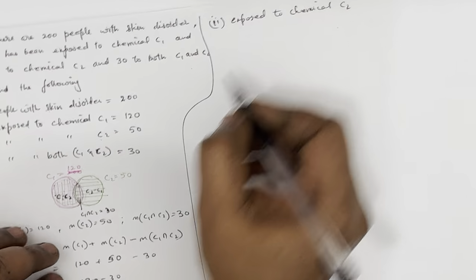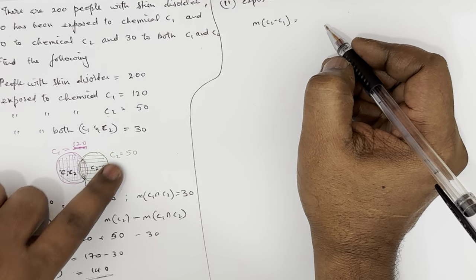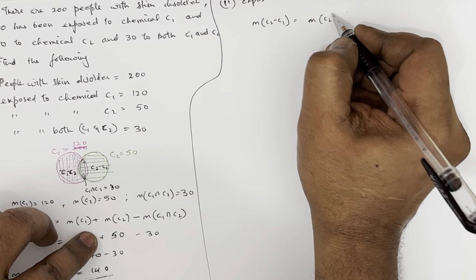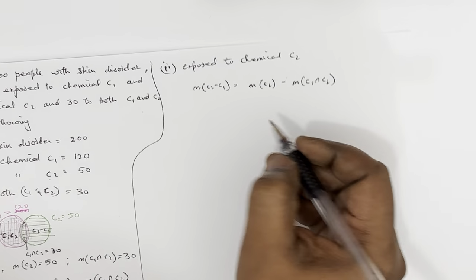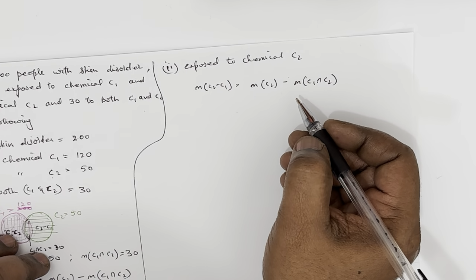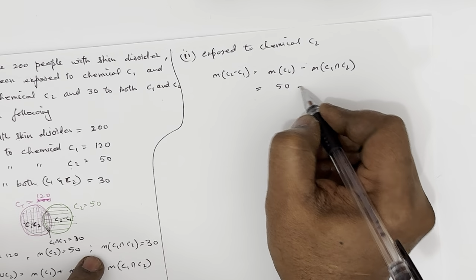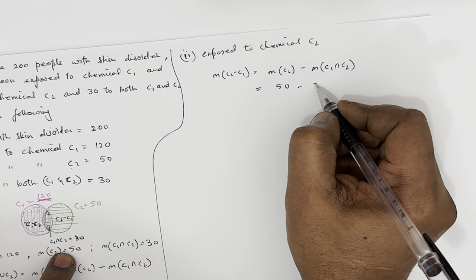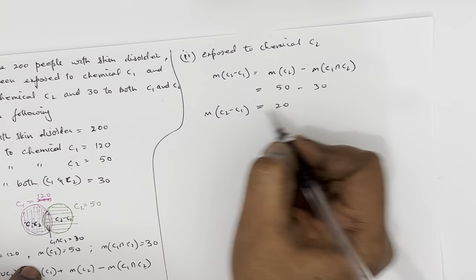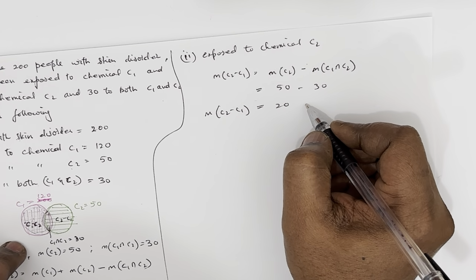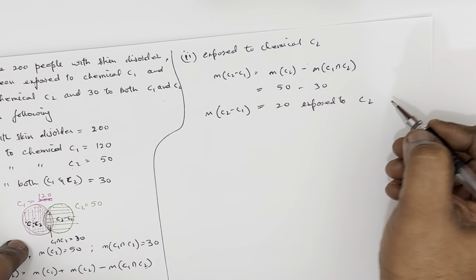The number of C2 minus C1 is the number of C2 minus the number of C1 intersection C2, so 50 minus 30, that will be 20. So n of C2 minus C1 is 20. 20 people are exposed only to chemical C2.